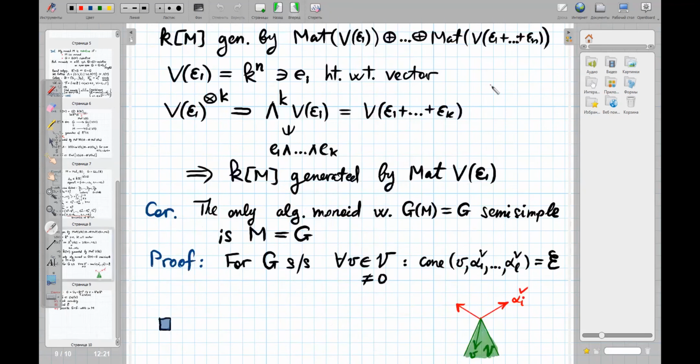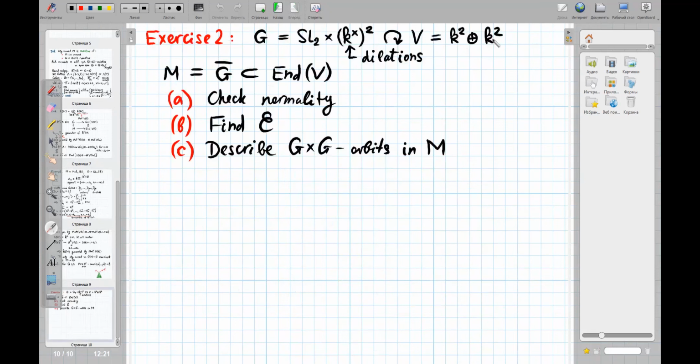You decompose tensor products of representations in here and in here, and you remember how many copies of this one you take and how many copies of this one you take. Then if you want to compute the action of this one, you just count how many copies you take, and you take the respective multiple of the first weight corresponding to the first factor in here, and similarly for the second summand. So it is easy to take into account the action of dilations.